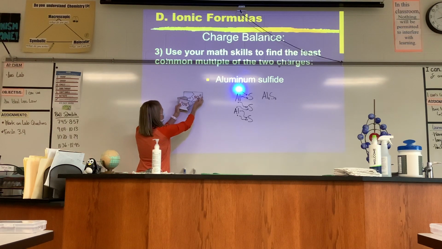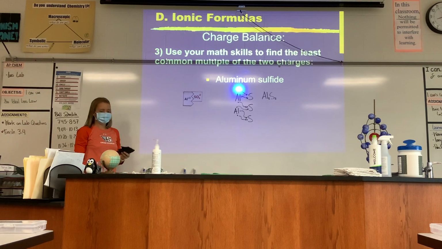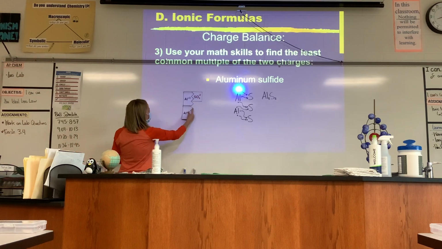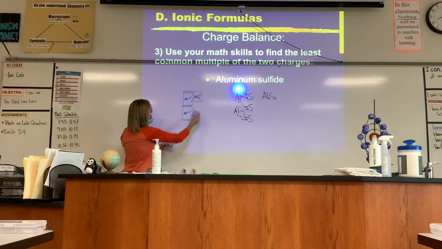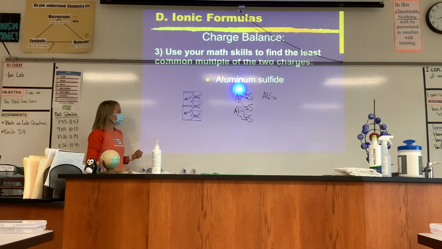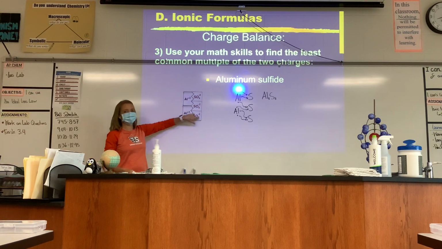Okay, if you see, it doesn't work out, so I'm gonna throw another aluminum up there. So 2 Als, 3 of the others. I have small versions of these little magnets if you are a visual person and want to use them to help you figure things out. And you can use these on the test then? Yes. That's totally fine with me.